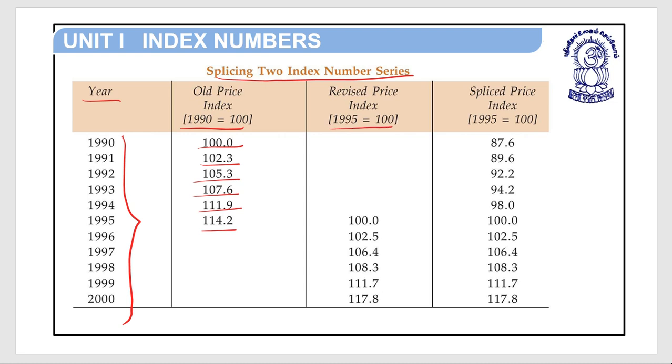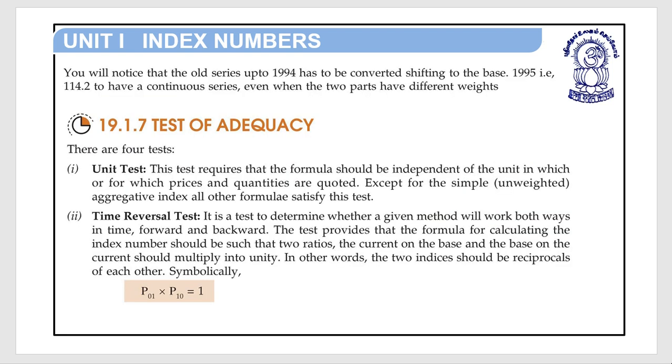Revised price index, 1995 is equal to 100: 100, 102.5, 106.4, 108.3, 111.7 and 117.8. Spliced price index, 1995 is equal to 100: 87.6, 89.6, 92.2, 94.2, 98, 100, 102.5, 106.4, 108.3, 111.7, 117.8.